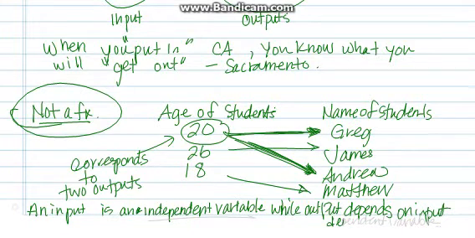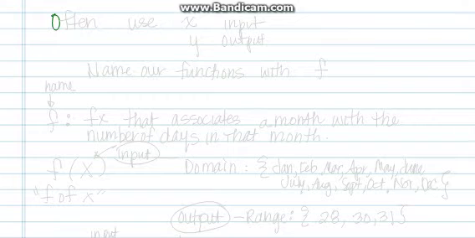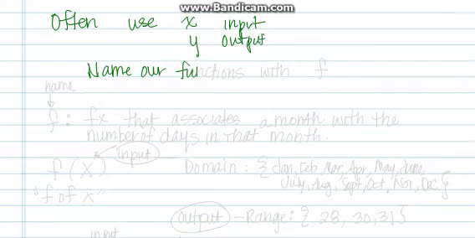So we have that it's a dependent variable. Often for our inputs we will use the letter x and we will use y for our outputs. And we name our functions often with the letter f.